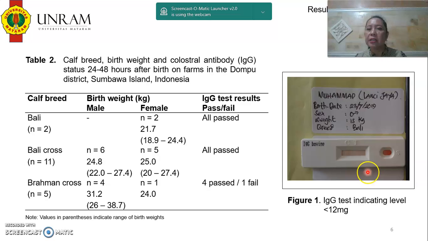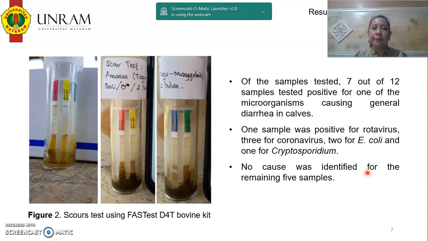This figure shows how we did the IgG level test. The IgG test indicated that only one sample had an IgG level less than 12 milligrams, so the absence of antibody does not explain calf mortality.